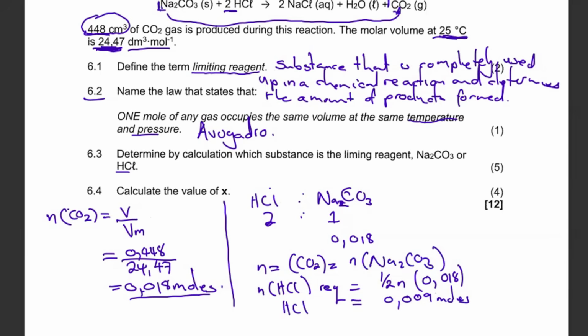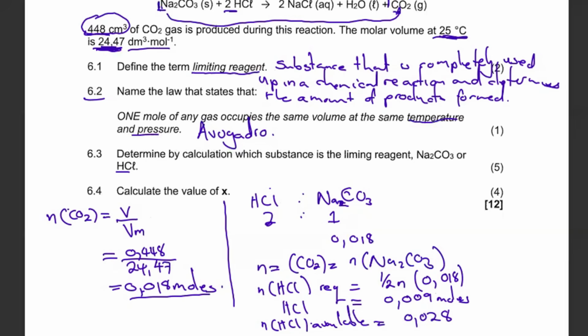Then let's compare with what is actually available. The number of moles of HCl available is 0.028.